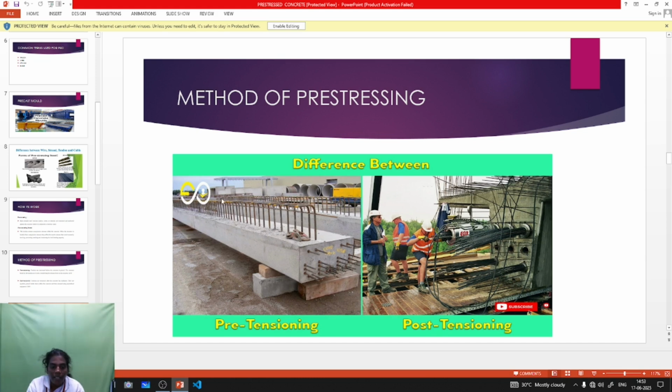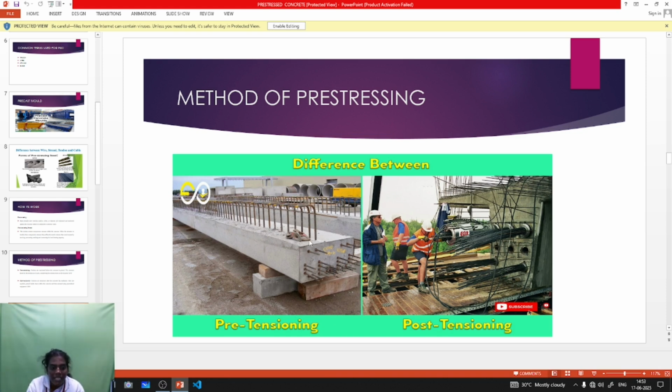Post-tensioning is only for field work. First concrete slabs or columns are made, then after that the tension is induced using cables, ducts and anchorage. So this is the post-tensioning method, and that is the pre-tensioning method.